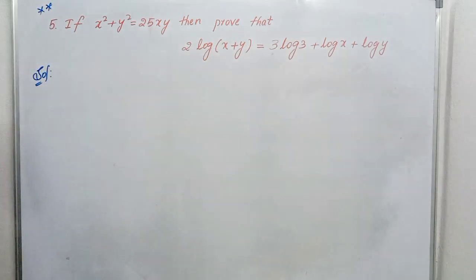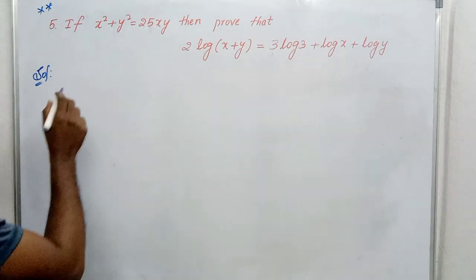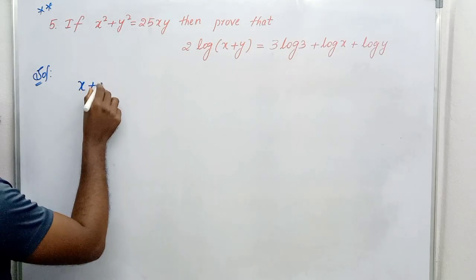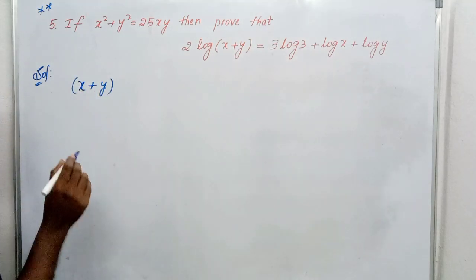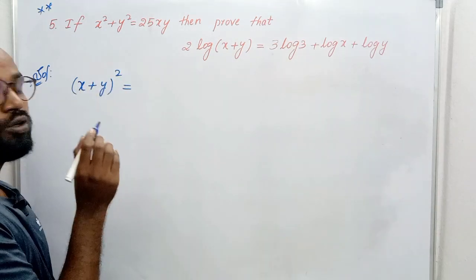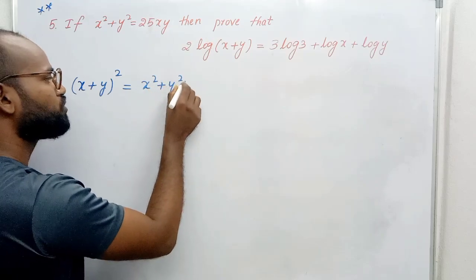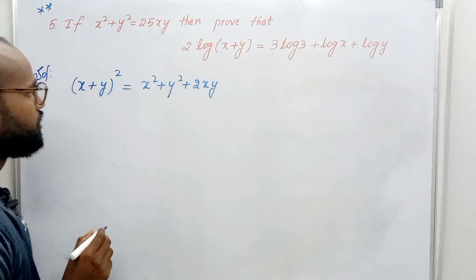Now see, x square plus y square is equal to 25xy is already given. I know the a plus b whole square formula, but here it is x plus y, just a small change, variables change. The x plus y whole square formula is x square plus y square plus 2xy.